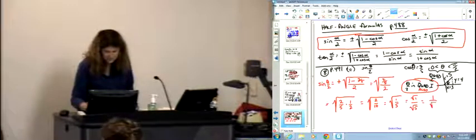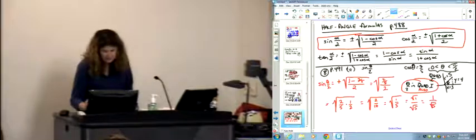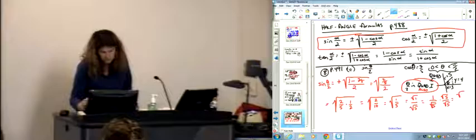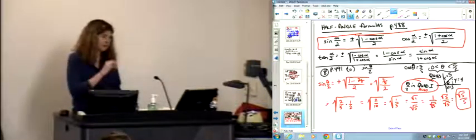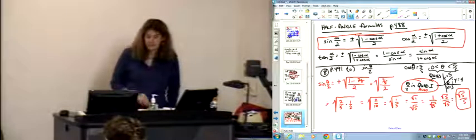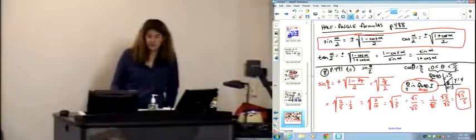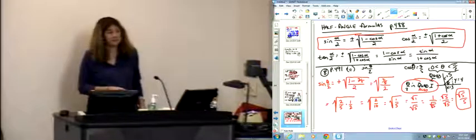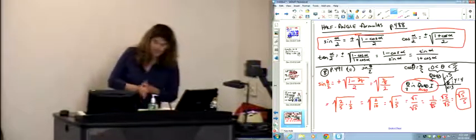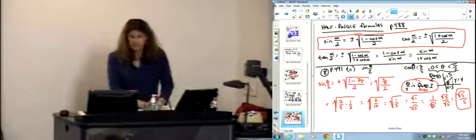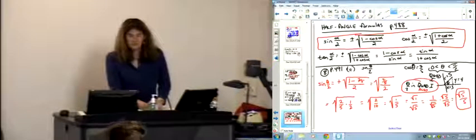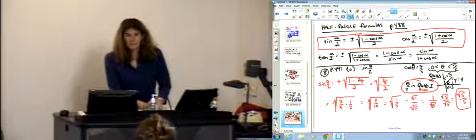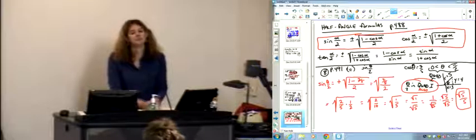Right, 1 over the square root of 5, rationalize. We get square root of 5 over 5. That's what we're going to get there, square root of 5 over 5. The half angle formulas are a little bit more involved than the double angle formulas, just a little bit. Questions on that part there, what we just did?